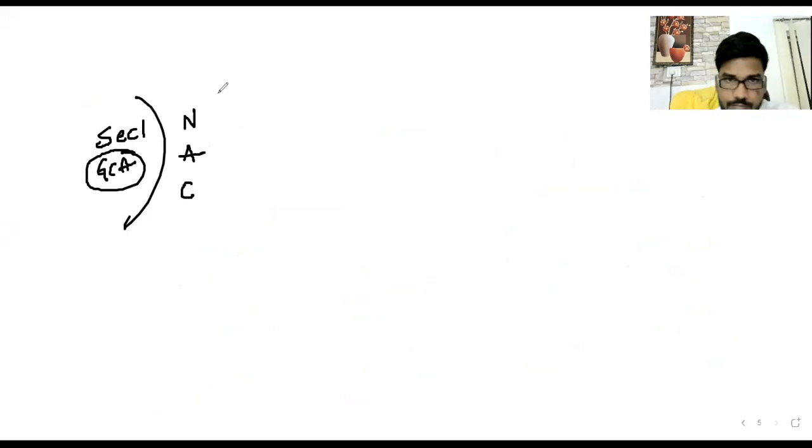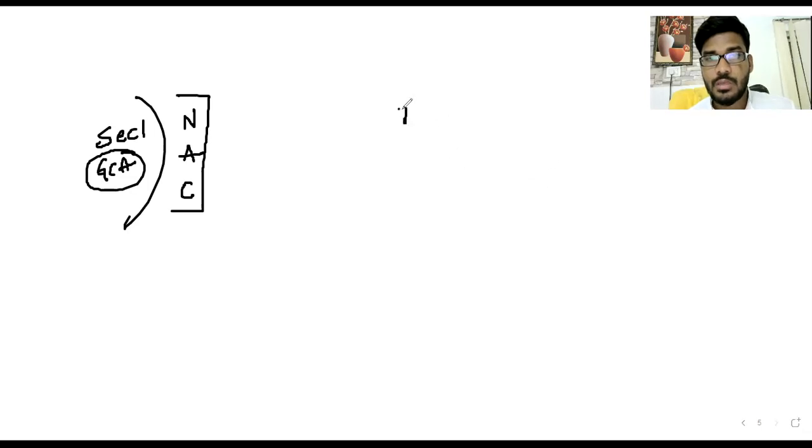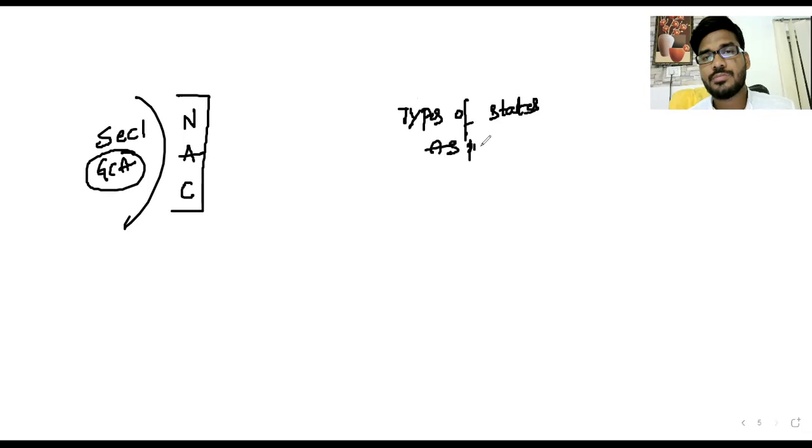Okay, next. So listen carefully. Before discussing the General Clauses Act, we need to know about the types of states as per the Constitution. What are the different types of states? Andhra Pradesh, Telangana, Karnataka, Tamil Nadu, Maharashtra?